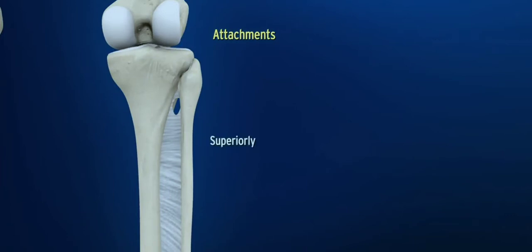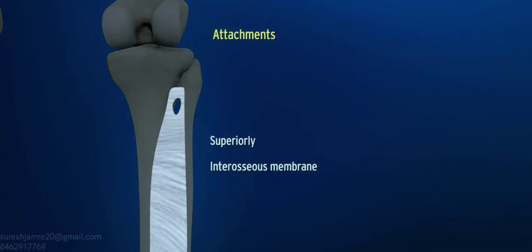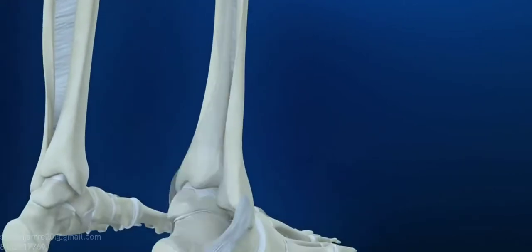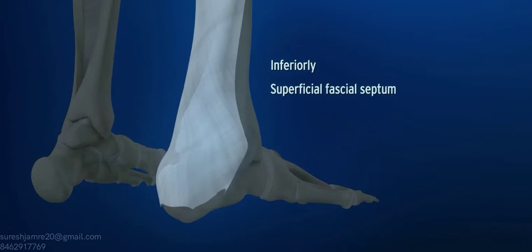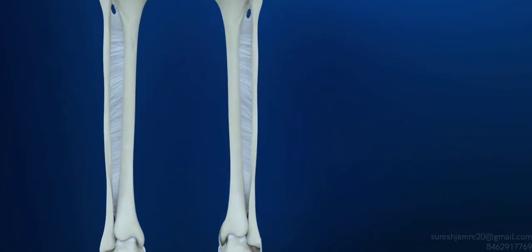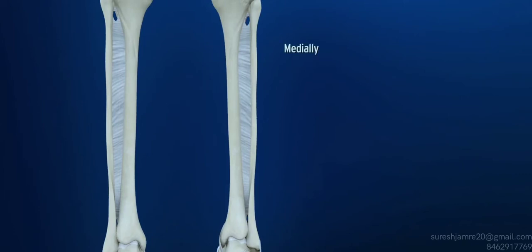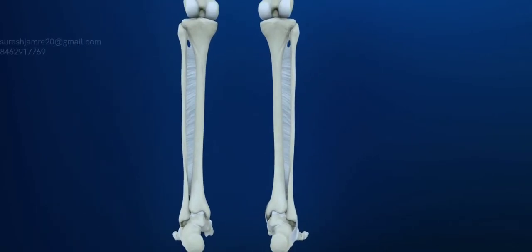Superiorly, it blends with interosseous membrane. Inferiorly, it blends with the superficial fascial septum. Medially, it is attached to the vertical ridge on the posterior surface of tibia. Laterally, it is attached to the medial crest of fibula.